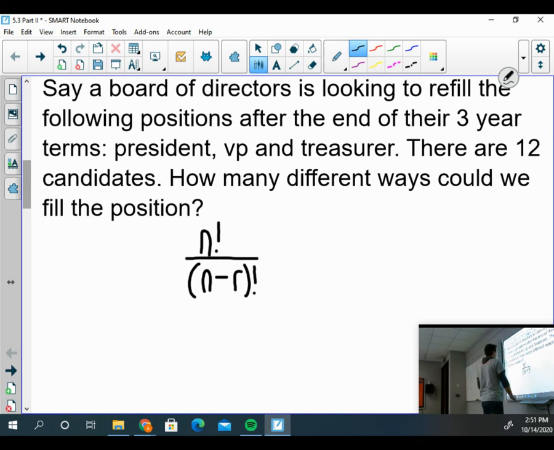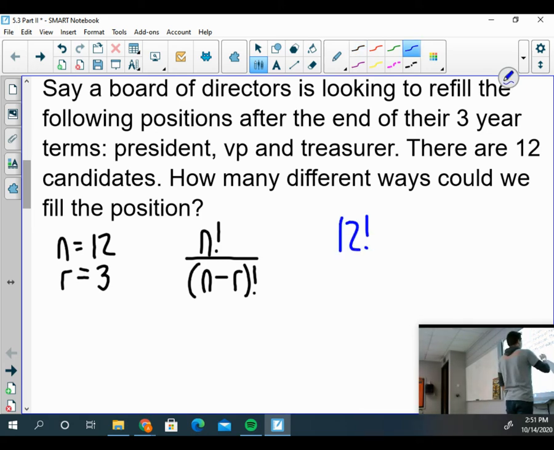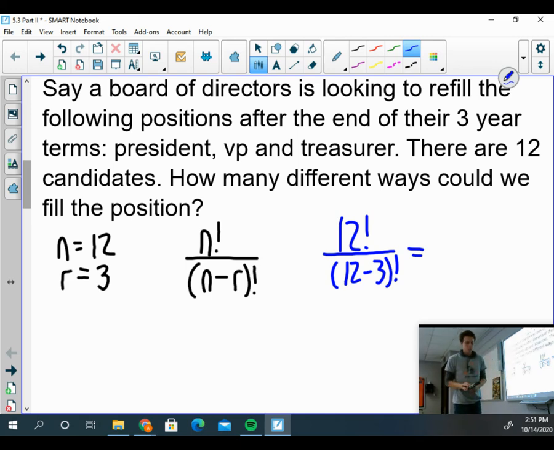Now in this case, what is our n and what is our r? There are a total of 12 candidates, and we are selecting 3 of them. So we put these numbers in our formula, and we enter it into our calculator. And when we do this, we end up with an answer of 1,320.